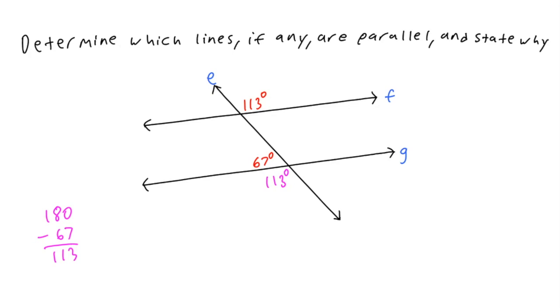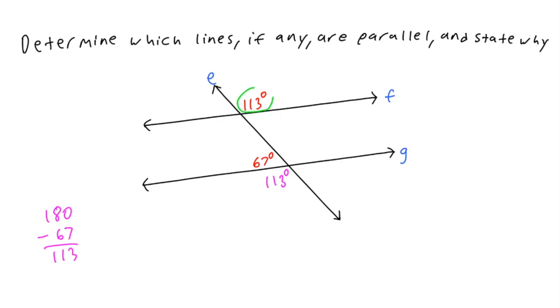Now we can look, is there a special angle pair here? Well, between these two 113s, they're both on the exterior of these two lines. They're both outside the lines, and they're on alternate sides of this transversal, E. One's on the right, one's on the left.